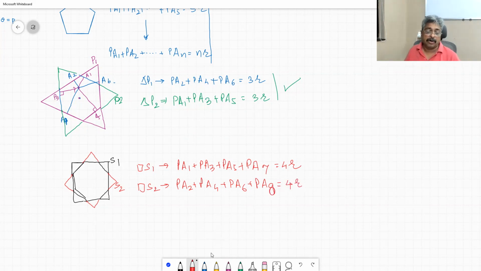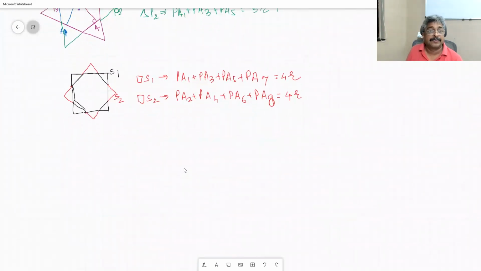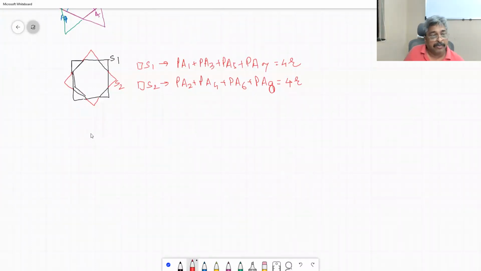So are we done with the octagon? Now let us do the 10-sided polygon, which is going to give us 2 congruent pentagons. Let me draw the pentagon first, which is relatively easier, and then convert it into a 10-sided polygon.